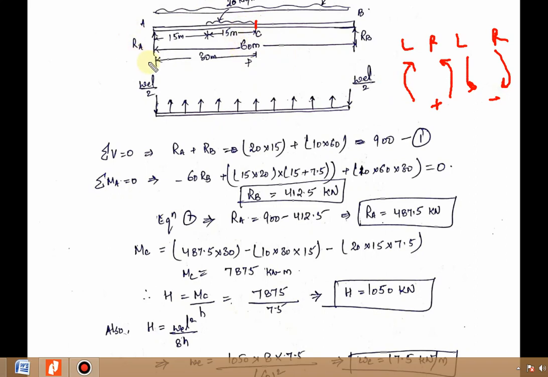The first force is RA, and RA will take C point in the clockwise direction. So for clockwise, if the left movement is clockwise, the bending moment is positive. So this will be plus. The value of RA is 487.5, and the perpendicular distance of RA from C point is 30. So 487.5 into 30.